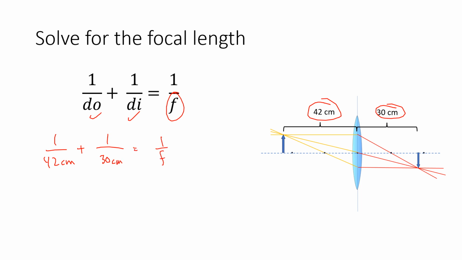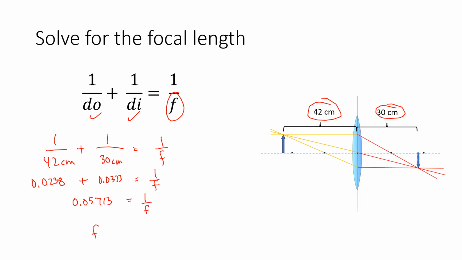So if I put that into my calculator, 1 over 42 is 0.0238, and 1 over 30 is 0.0333 repeating. And if we add those up, we end up with 0.05713 equals 1 over the focal length.